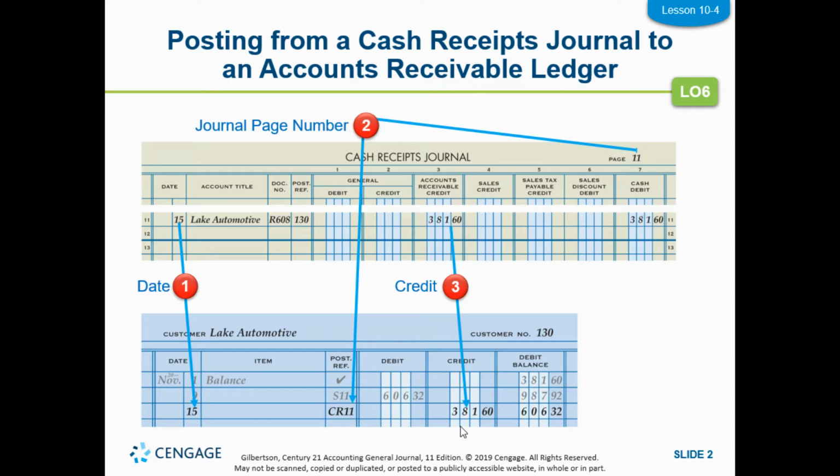We're crediting accounts receivable, crediting the account, and we end up with a new account balance, the previous debit balance minus the credit, because remember, accounts receivable has a natural debit balance or debit increase side. When we credit accounts receivable, we're decreasing, correct? Okay. And then we go back and post in the post reference column the customer number.